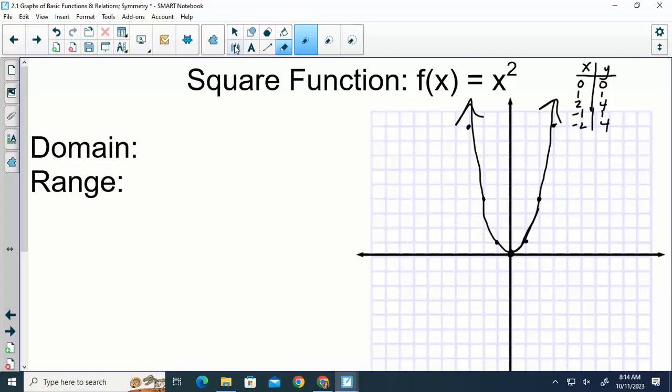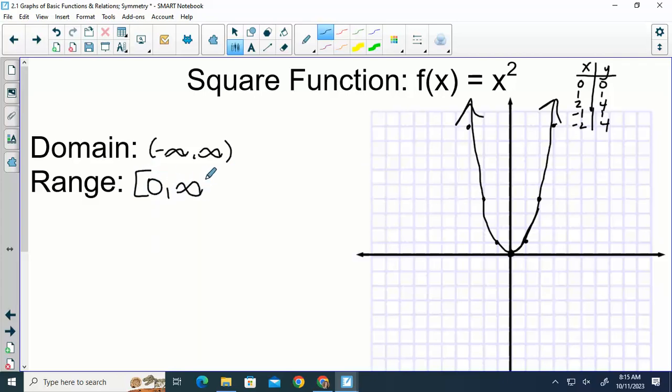Domain. My possible x values. As I go from left to right, what am I hitting? Range, my y's, as I go from the bottom up. 0. Alright. Where is this graph continuous? Negative infinity to positive infinity.